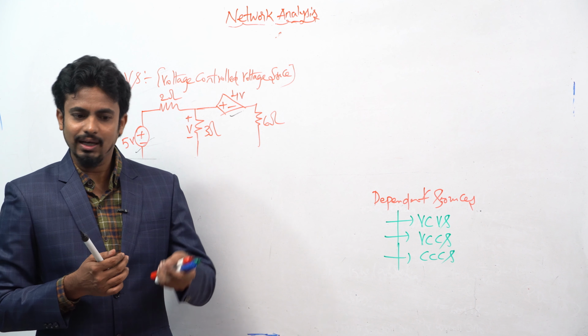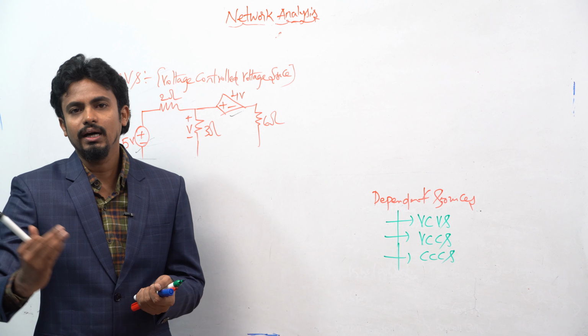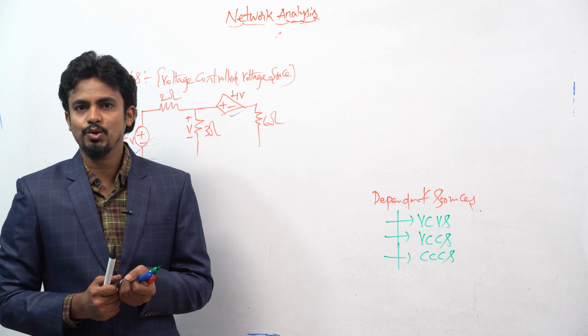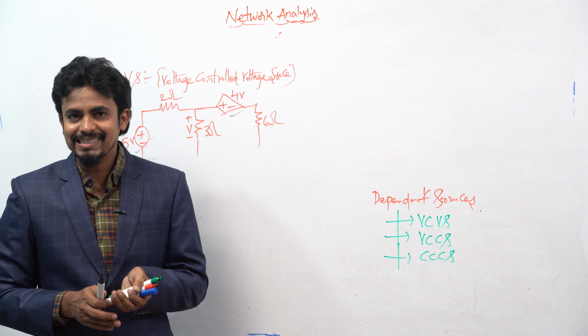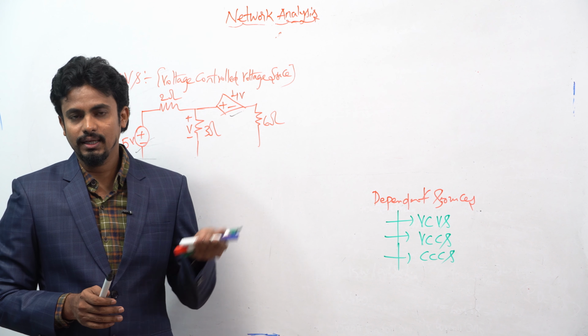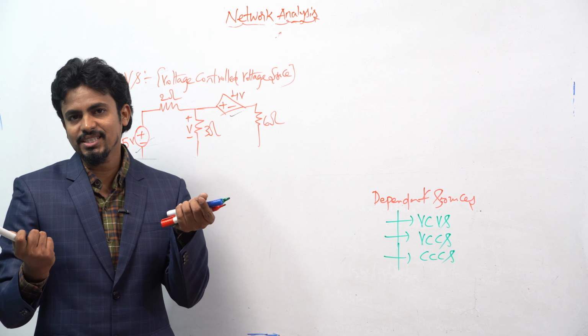Whatever the inductors and the capacitors, we will see in the next unit, that is transient analysis. In that case you have to see the RL circuit, the RLC circuit, or the RC circuit. RC circuit means only a resistor as well as a capacitor is present.